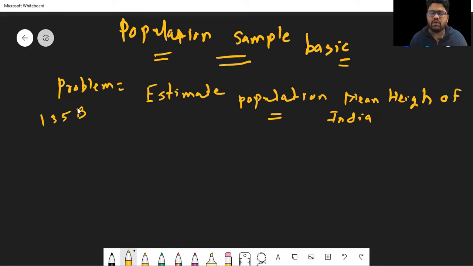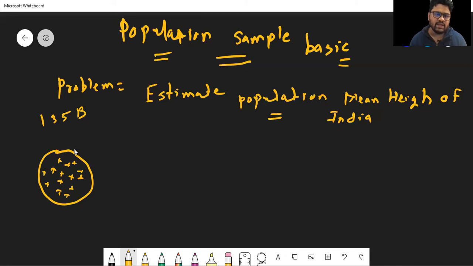If you go by the basic, or old, strategy, you will create a set of people and measure the height of the whole population living in India. You will create one set, which we call the population set.